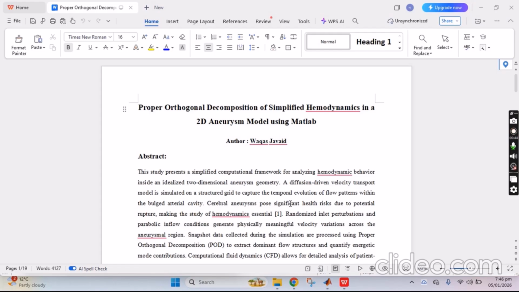of the 2D system. So the diffusion-driven velocity transport model is simulated on a structured grid to capture the temporal evolution of flow patterns within the bulged arterial cavity.